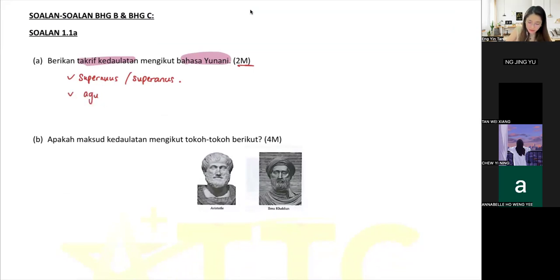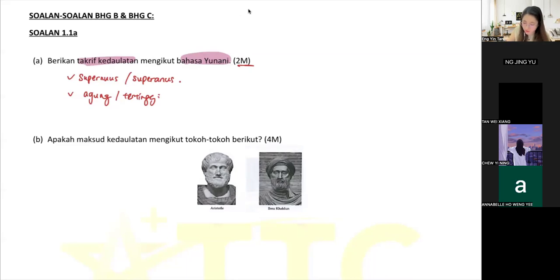Agung atau tertinggi. Bebas dan merdeka. Yes, it's referring to negara yang bebas dan merdeka. Kerajaan yang bebas dan merdeka. Everybody good? So when you write, you see, these are all the points. So when you write in sentence, you can write like this.